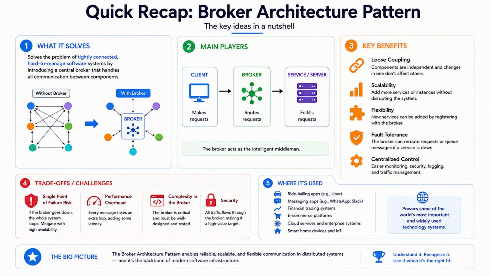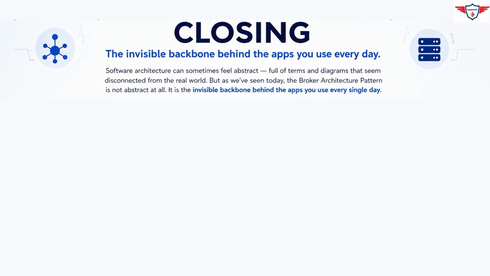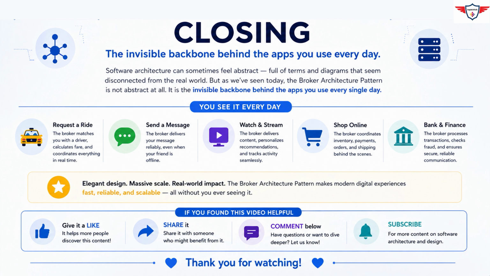Let us quickly recap what we have covered today. The broker architecture pattern solves the problem of tightly connected, hard-to-manage software systems by introducing a central broker that handles all communication between components. The main players are the client, which makes requests, the broker, which routes those requests, and the service or server, which fulfills those requests.